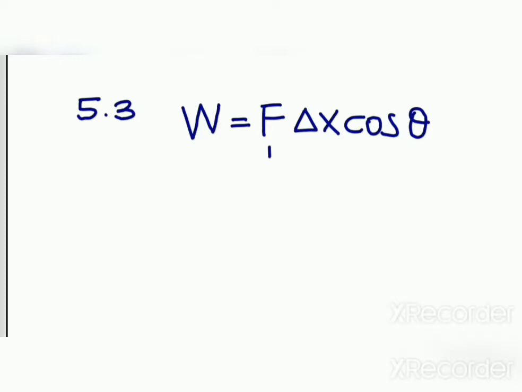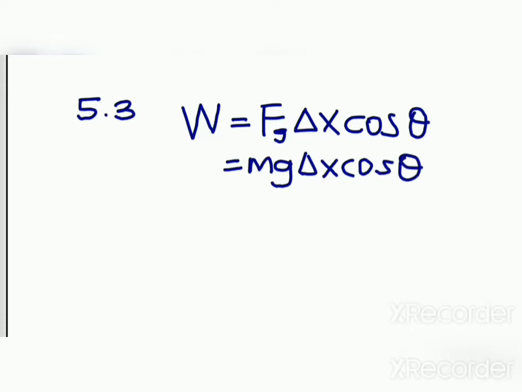You can represent that with a W as well, but don't confuse the two W's: this is your work done, and this is the weight. Or you can leave it as Fg so that it's clearer. The weight is mass times gravitational acceleration, times delta x, times cos of theta.